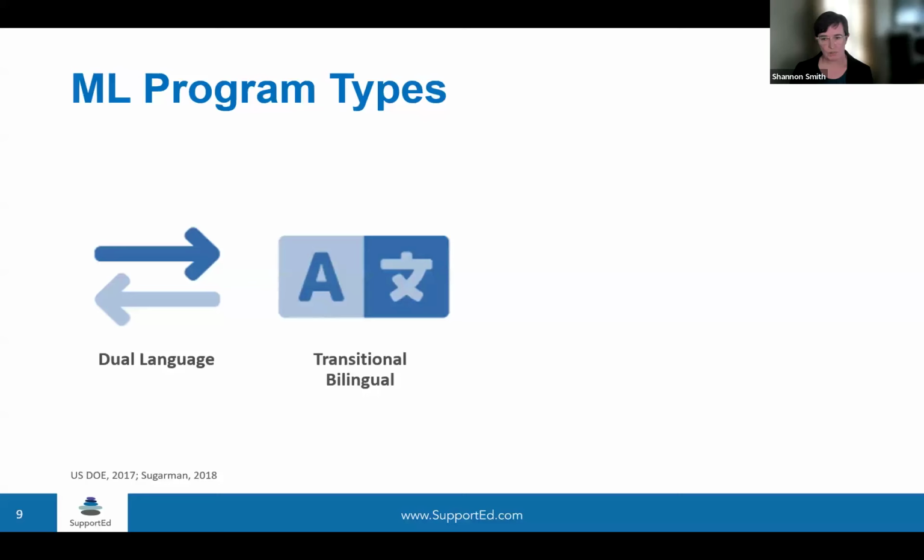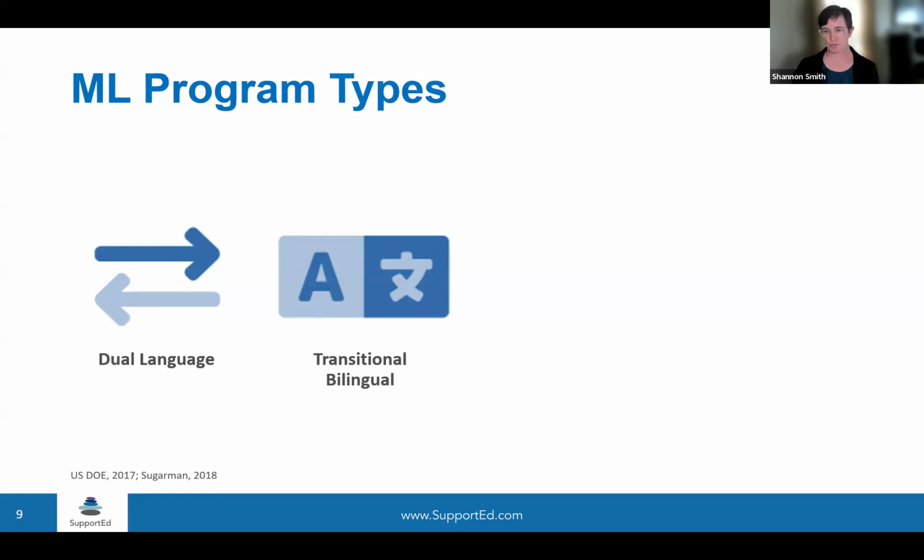Transitional bilingual programs develop a basic literacy in ML's home language, with the purpose and goal of gaining full English language proficiency. Content instruction transitions from our ML's home language to English-only instruction over time, with the goal of exiting students into English-only programming.